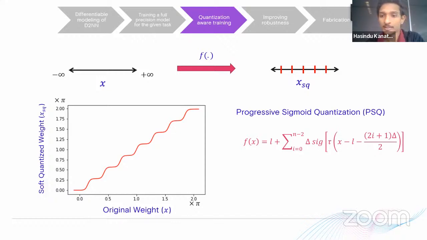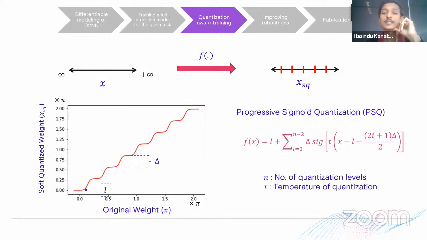In this function, L is the lower bound of the quantized range, delta is the step size between two quantization levels, N is the number of quantization levels, and tau is one of the most important parameters. It's the temperature of the quantization, and this temperature plays a major role in the training process.